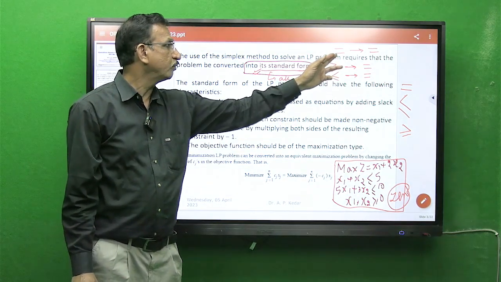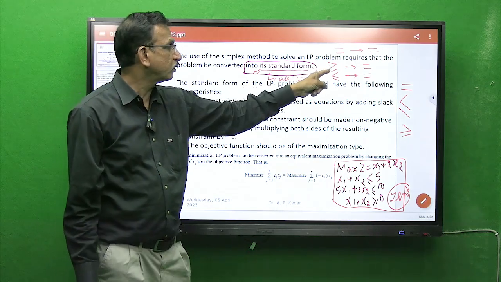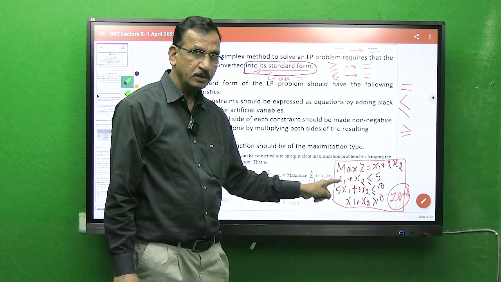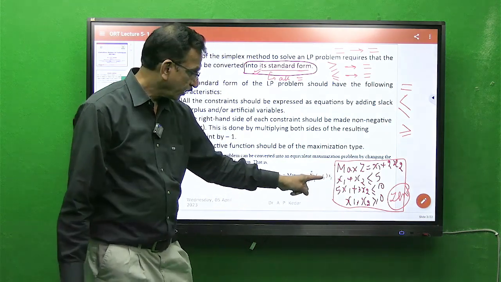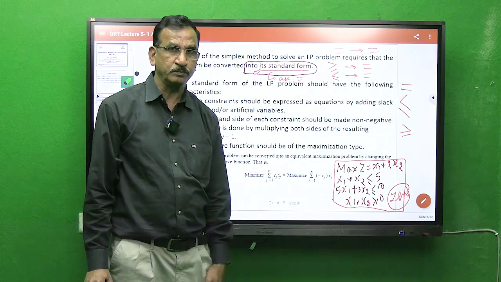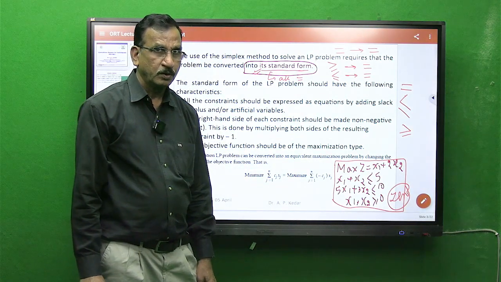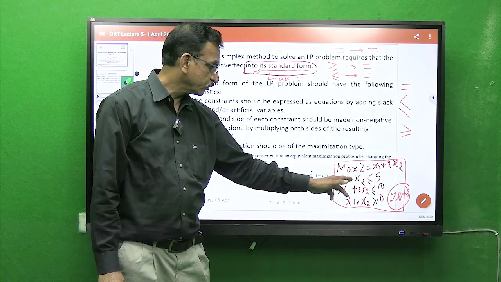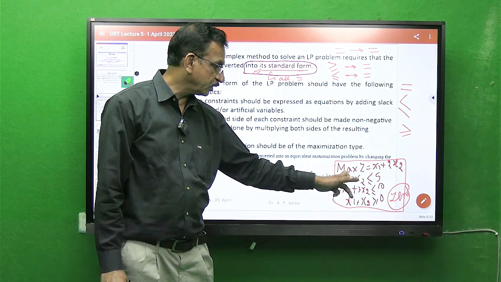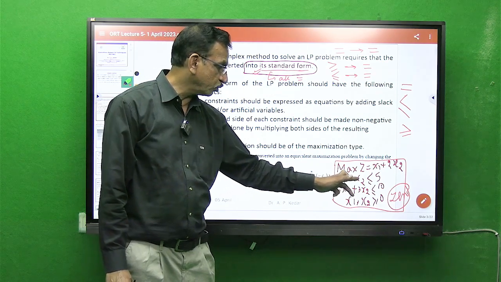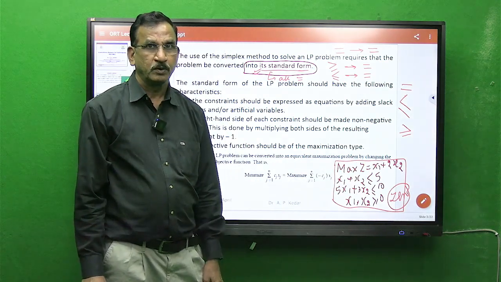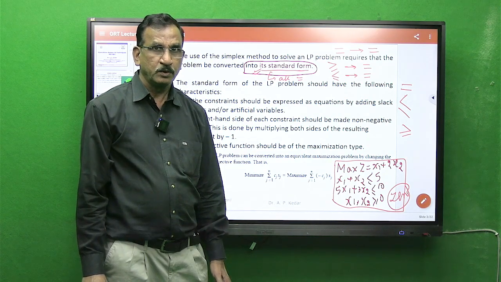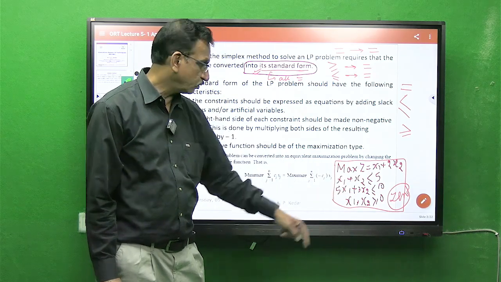Now how to convert this? Suppose greater than equal to, less than equal to, equal to. See here, you can see x1 plus x2 less than equal to 5. If I assume initial values of x1 and x2 as 0, this will be 0 less than equal to 5. 0 less than equal to 5 is not possible. So to compensate that, what do we have to do?